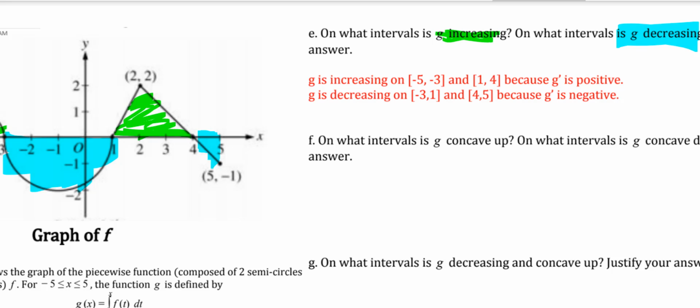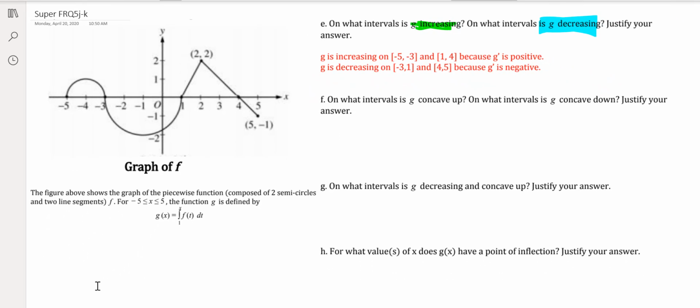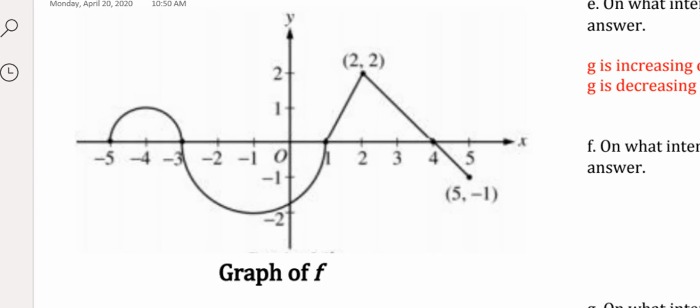Now part F deals with concavity. So now we're looking at the derivative of the derivative of our original function. Because of the way our function is laid out, we're just looking for slopes. From -5 to probably about -4, I know that's a positive slope, along this line.